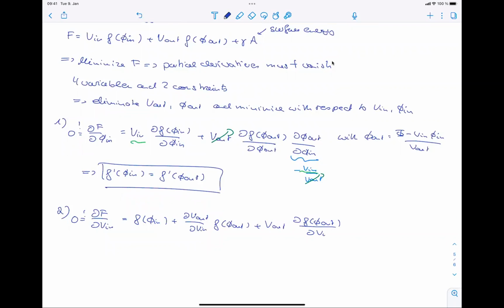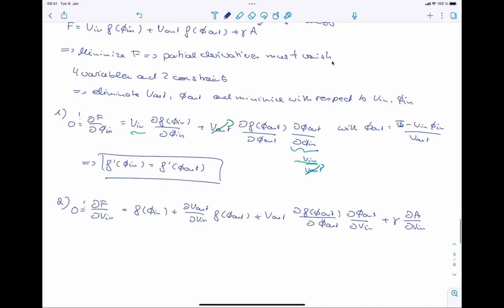Sorry, too many in. There we go. And note also the surface depends on the volume of the droplet. So we have another gamma dA/dV_in. Okay.